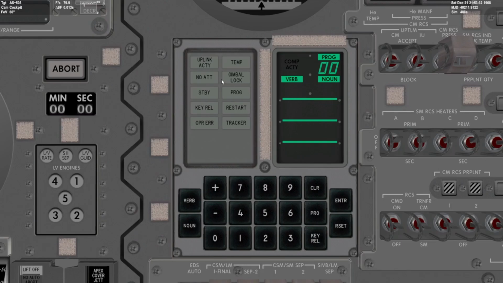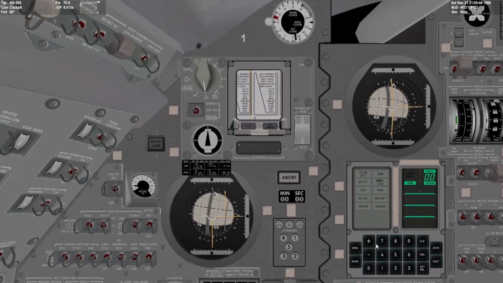Okay, we're going to obtain our PTC angles, which we know, which is pitch and yaw of 331. We're going to perform verb 62, enter. We're going to perform a maneuver to the PTC attitude. Our current roll is very close to 0 because we're still at the burn attitude, so I'm going to leave the top number as it is because that's very close to our current roll.